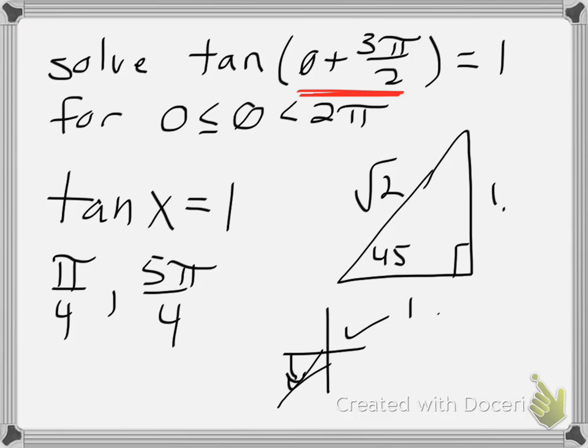Now normally, if I didn't have a modified argument, I could stop here and say these are my answers. Because of my modified argument, I have to examine what is the effect of adding 3 pi over 2 to my angles. So because tangent of x equals pi over 4 and 5 pi over 4, I'm going to say, when I modify my x, how will that affect each of these values?